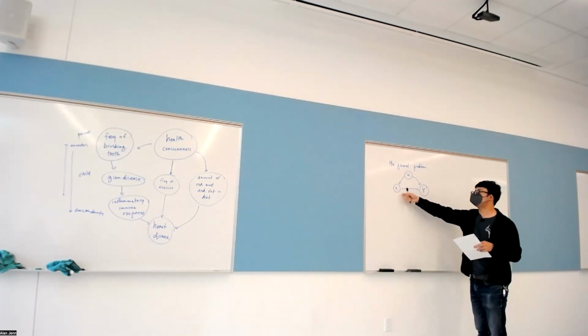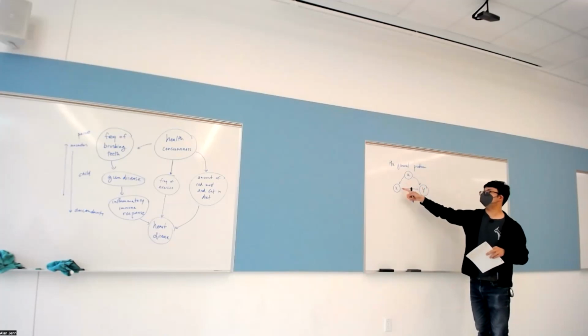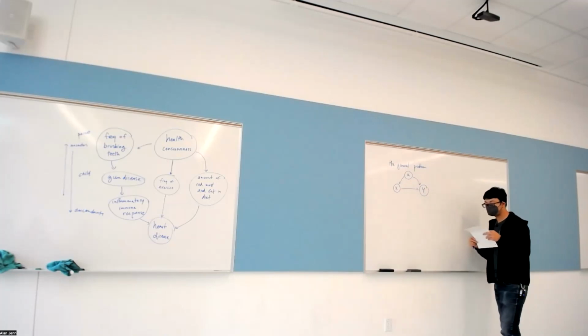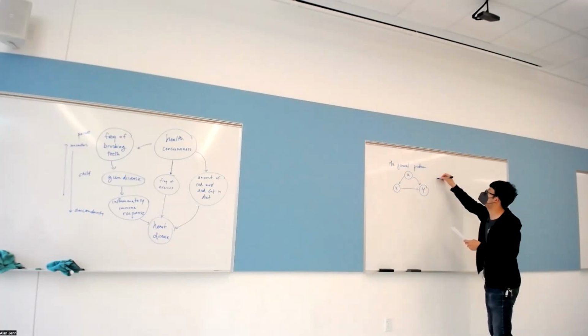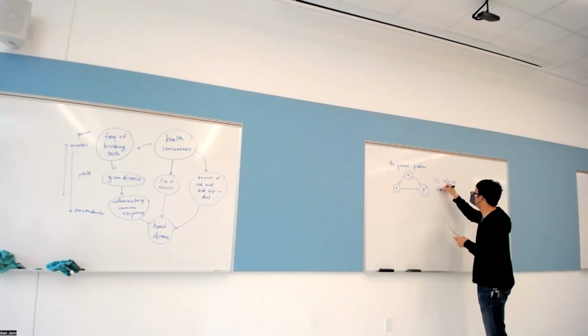We want to understand the causal effect of X on Y, but there's a bunch of unobserved variables that could be influencing X and could be influencing Y. And so we say that U confounds the effect of X on Y.